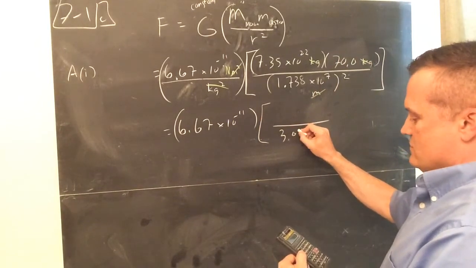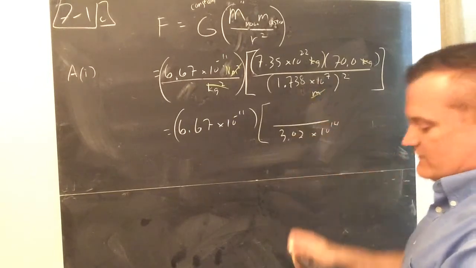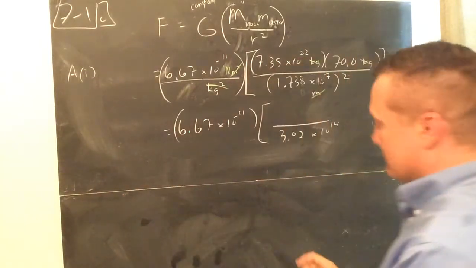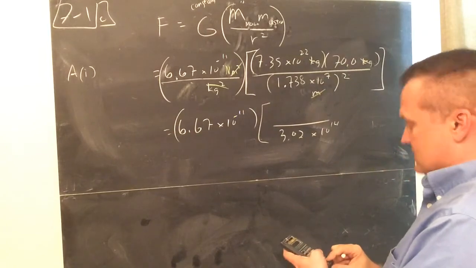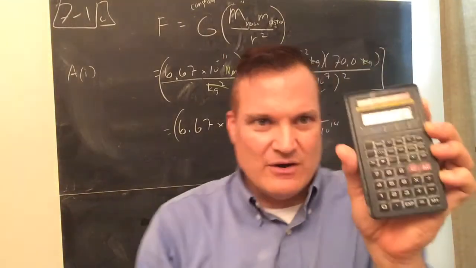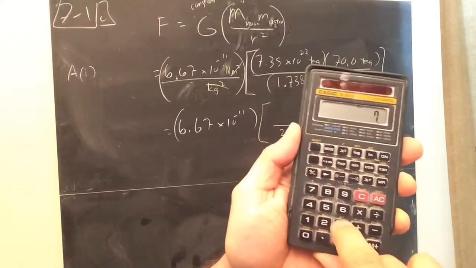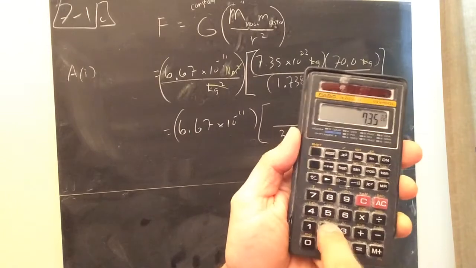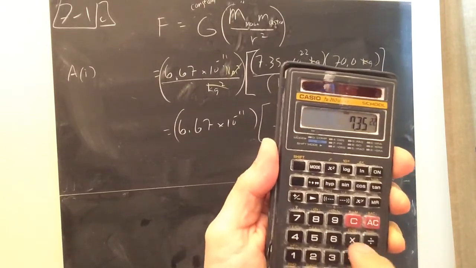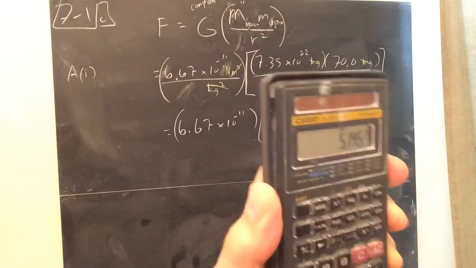Now, the top numbers, when you multiply them, 7.35 times 10 to the 22nd. Hopefully you didn't forget this, but 7.35 exponential 22nd. That's how your calculator will write it. Times 70. 5.145 times 10 to the 24th.